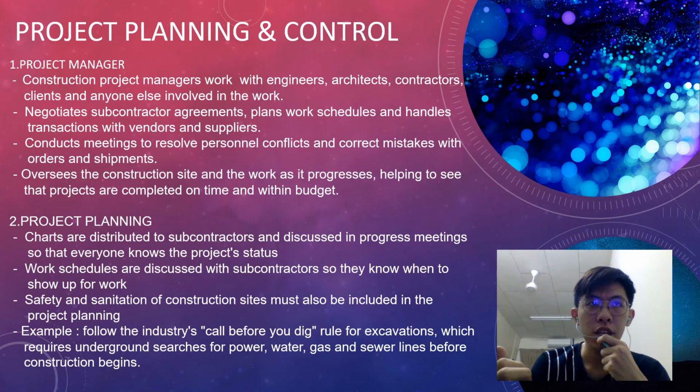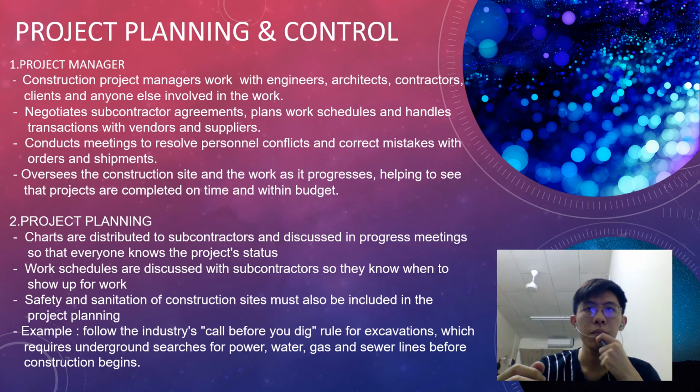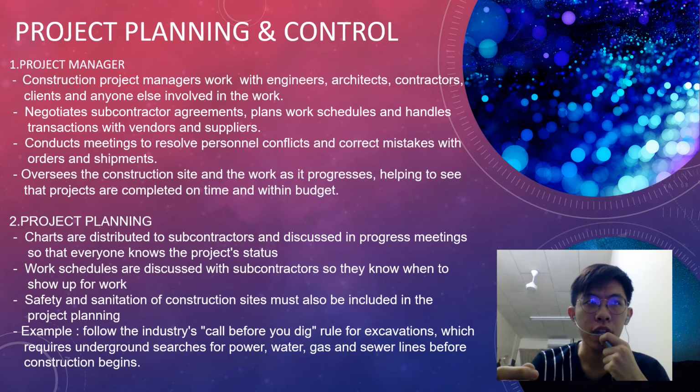Safety and sanitation of the construction site must also be included in project planning. For example, we must follow the industry's call before you dig rules for excavation, which requires underground research for power, water, and gas and sewer lines before the construction begins.